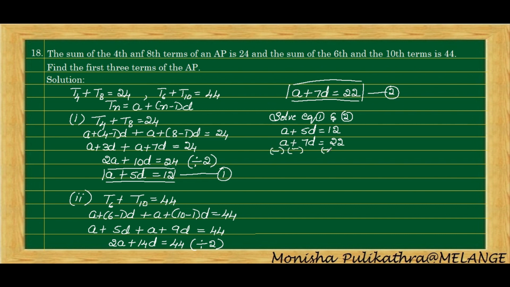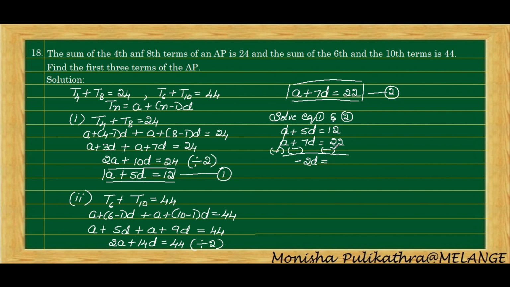First we need to change the sign. Here plus A and minus A cancel each other. When we change the sign, the sign in the middle term will cancel each other. Next, plus into minus is minus. 5D minus 7D will become 2D. The larger number is 7 and the sign is minus, so we need to signify it with the minus symbol.